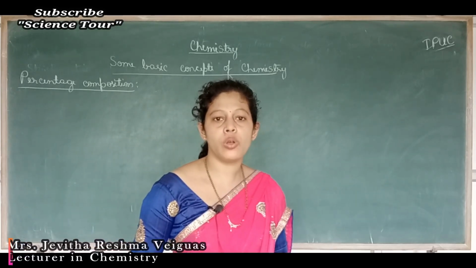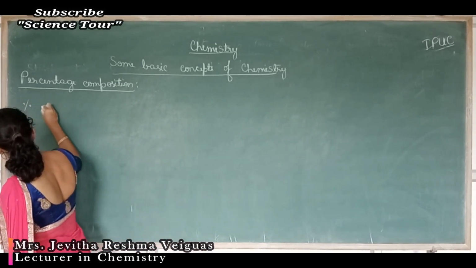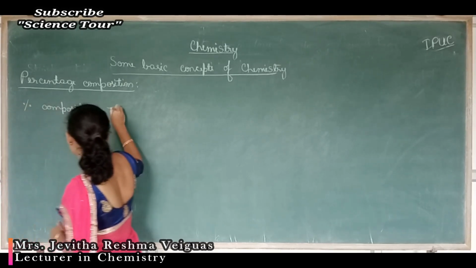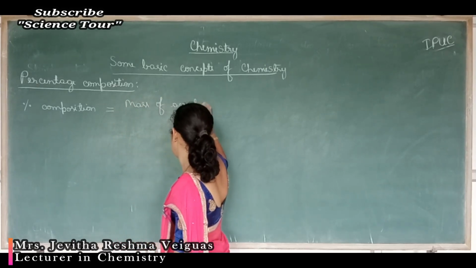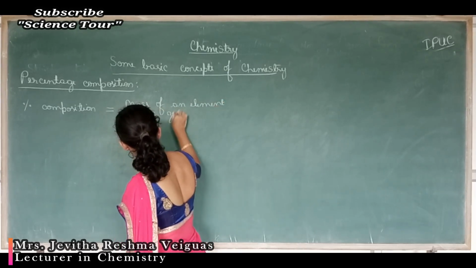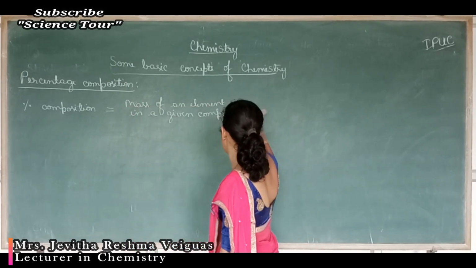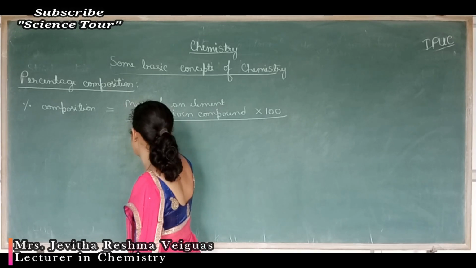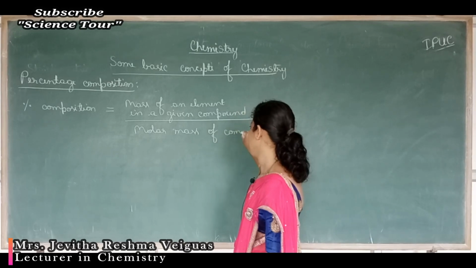What is this percentage composition? How is this calculated? Percentage composition of any element is given as mass of an element in a given compound, into 100, divided by molar mass of the compound.